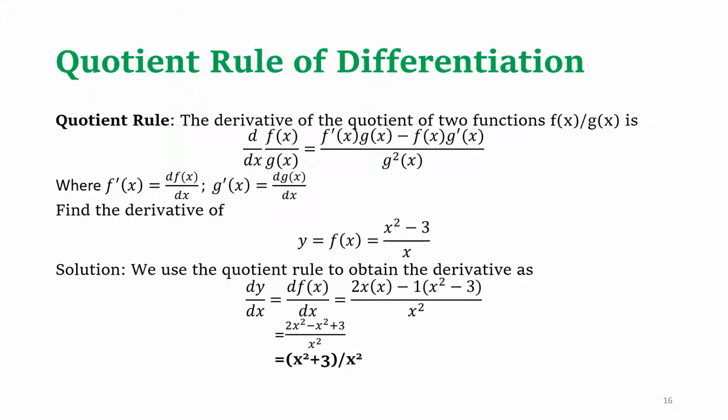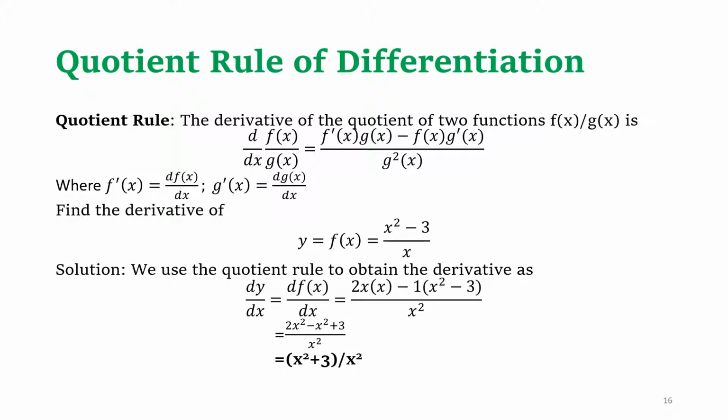G prime x means the derivative of g of x with respect to x, okay? You're going to be seeing this one quite often. It is the derivative of the numerator multiplied by the denominator minus the numerator multiplied by the derivative of the denominator, divided by the denominator squared, that is g squared of x, okay?